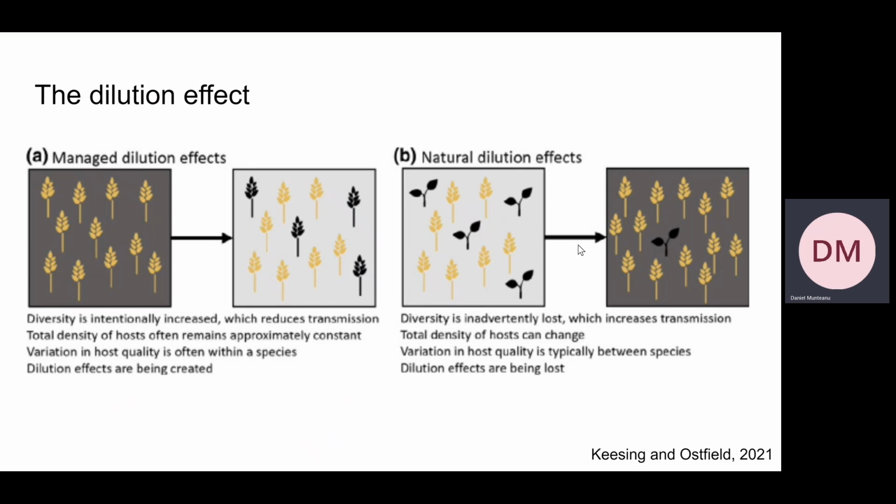So here there are two examples, that of managed dilution effect: by introducing more biodiversity into a site, you could actually decrease the transmission of disease, whereas the natural dilution effect can lead to the opposite, which occurs when diversity is inadvertently lost. You could actually increase transmission because you are getting rid of potential diluters, right? Species that don't actually spread the disease particularly well.